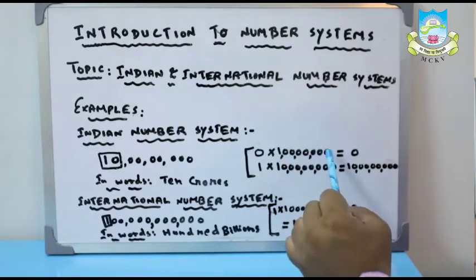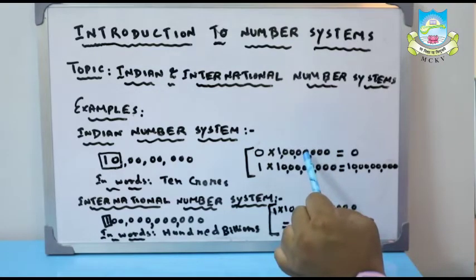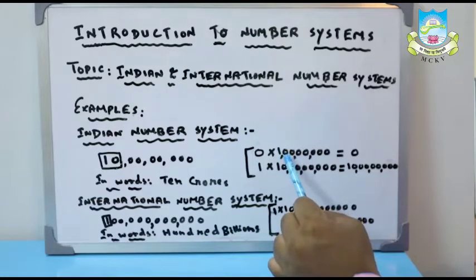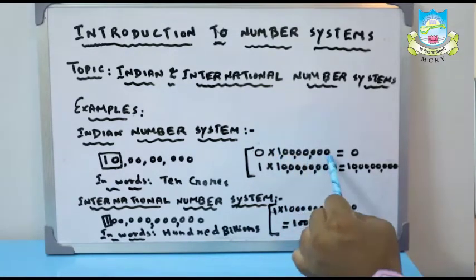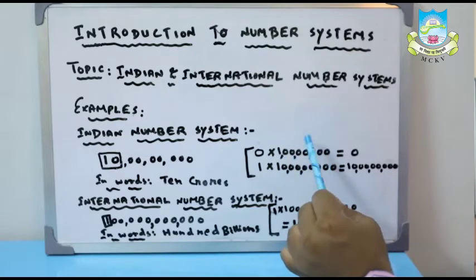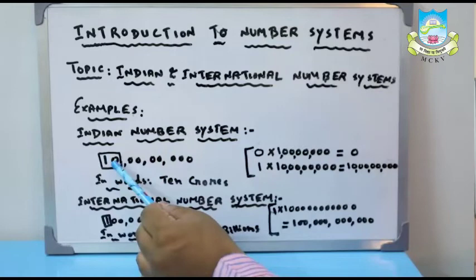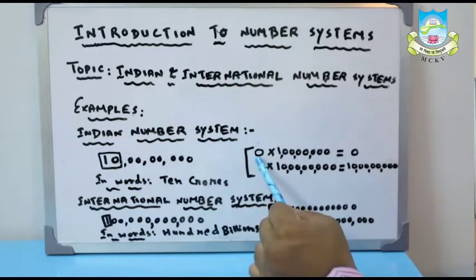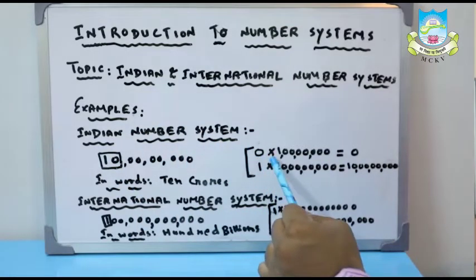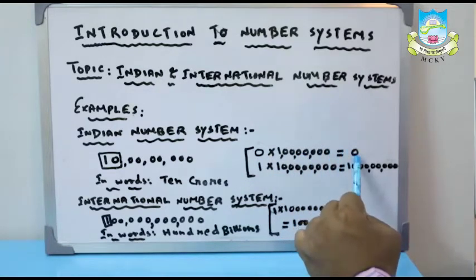Let us read: ones, tens, 100, 1,000, 10,000, lakhs, 10 lakhs, and crores. So this is actually 1 crore. This 1 crore becomes the place value of the digit at this position, which is read as 0. The face value is multiplied with the place value to get the final answer, which is 0.